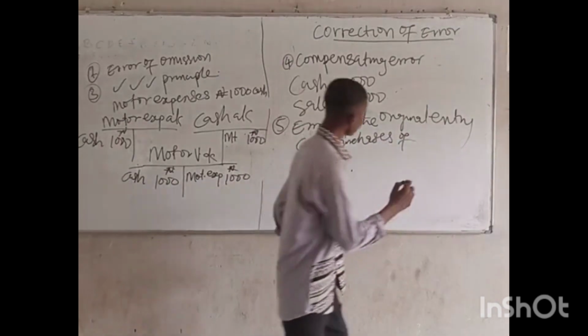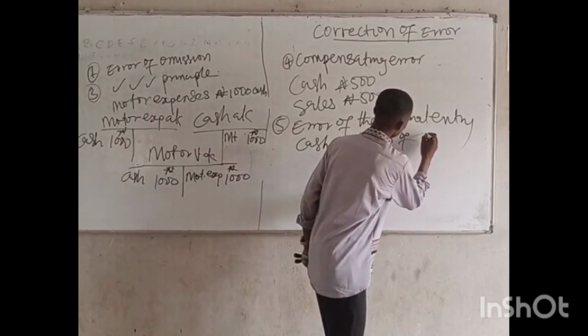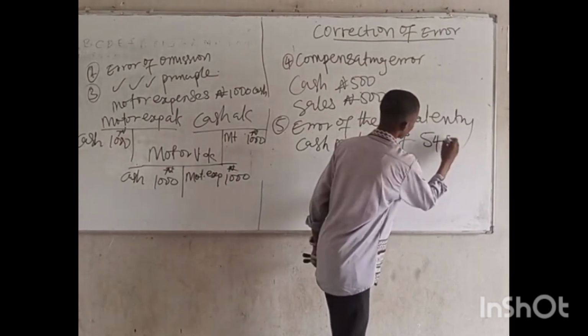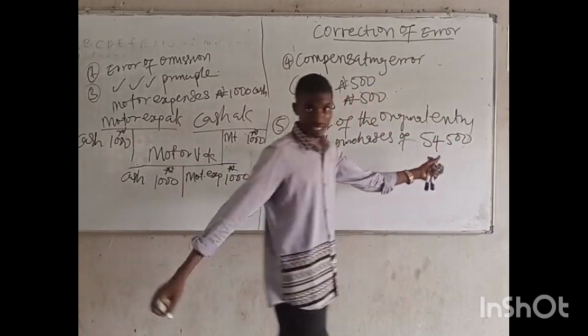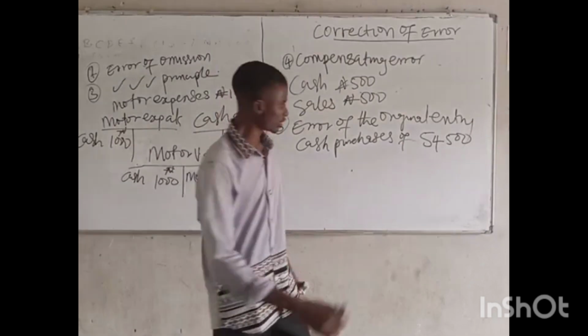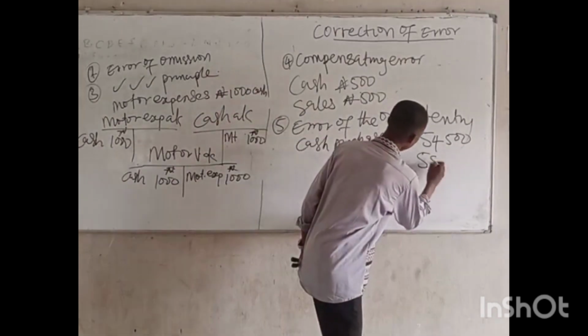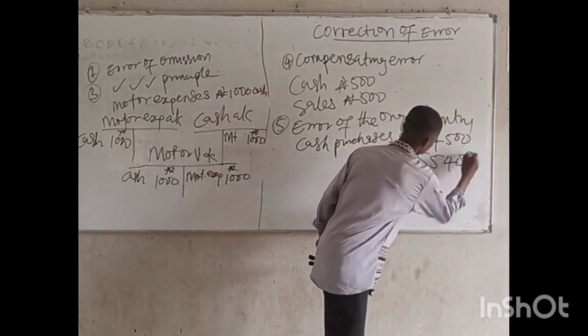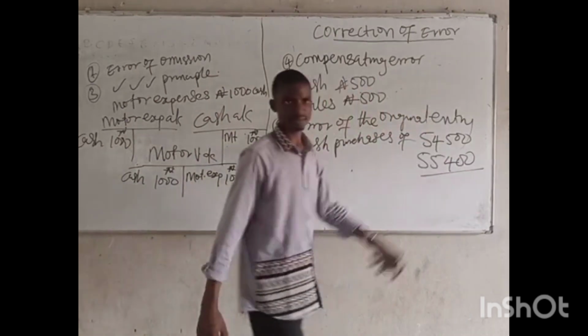of say 54,500 naira was mistakenly recorded as 55,400 naira.